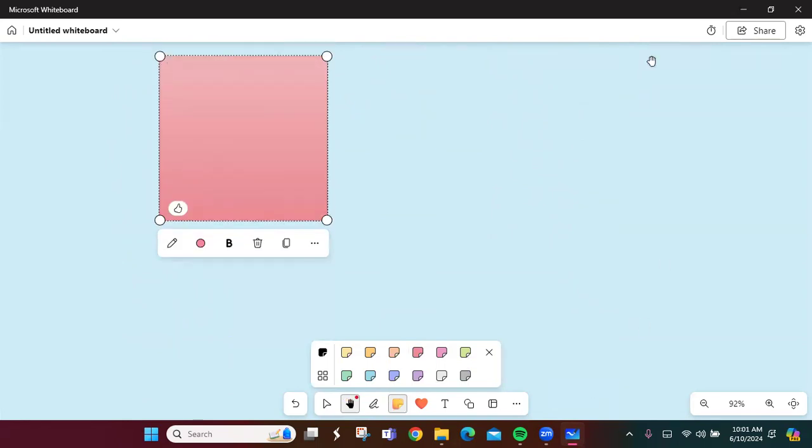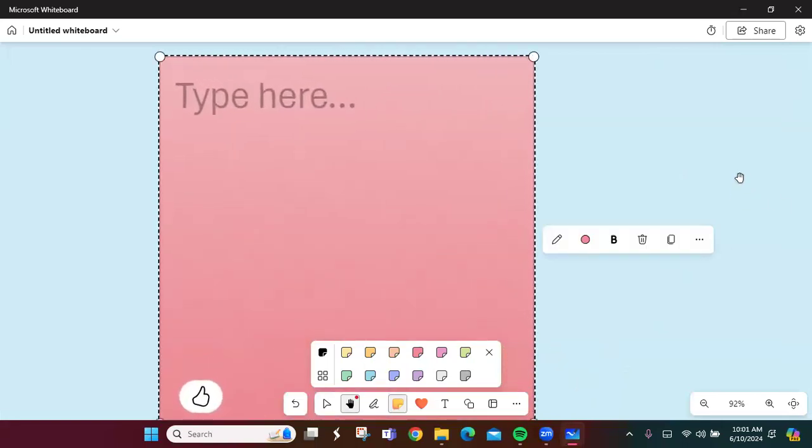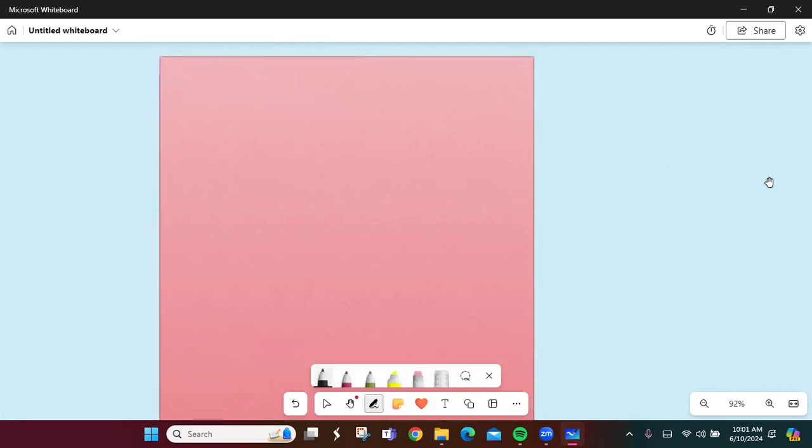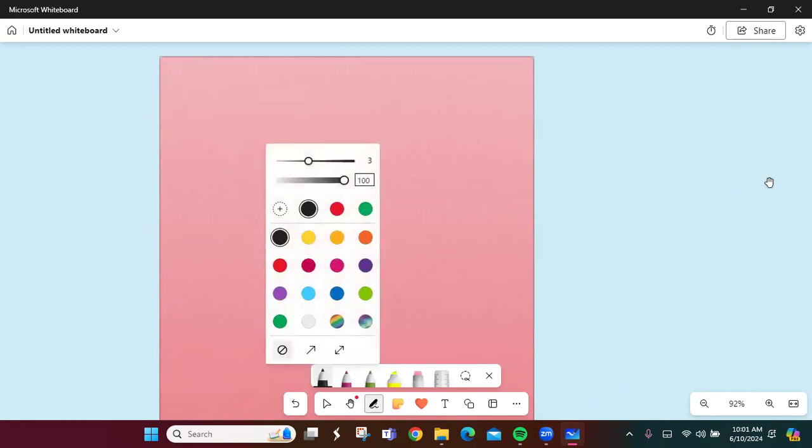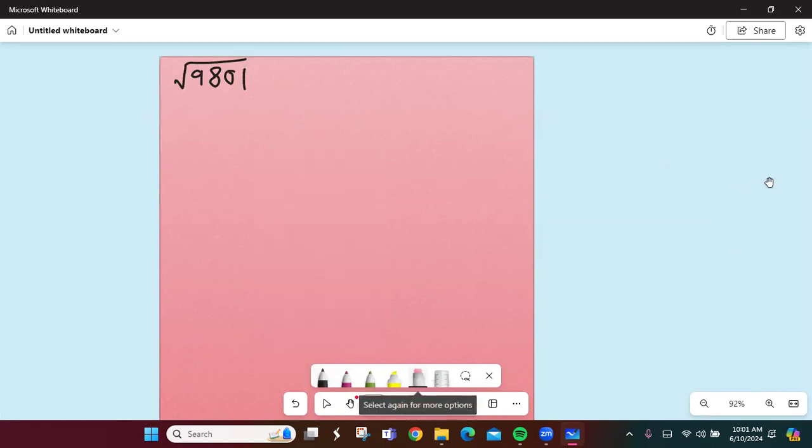In my first problem, I'll show you how to find the square root of 9,801. First, pay attention to the units place of this number. The units place is 1.